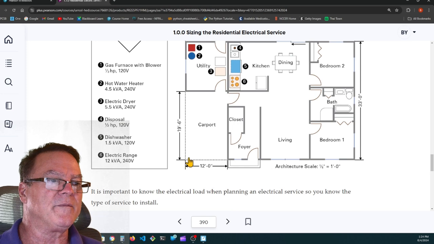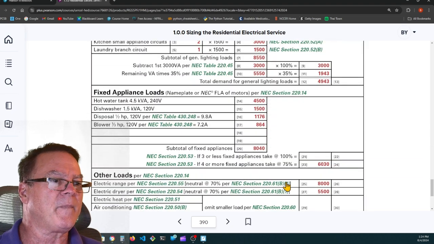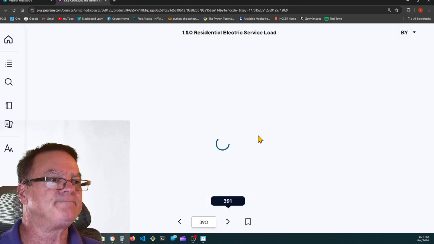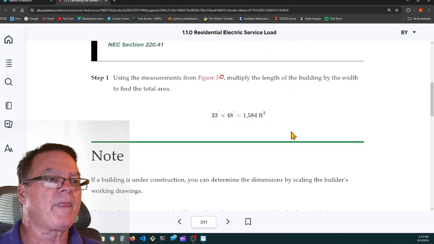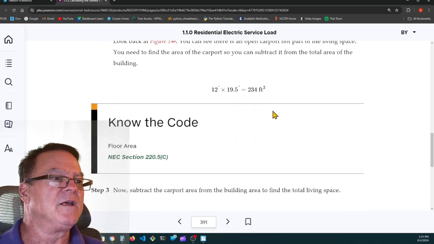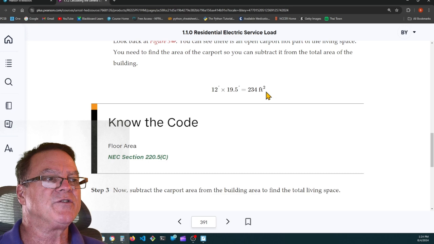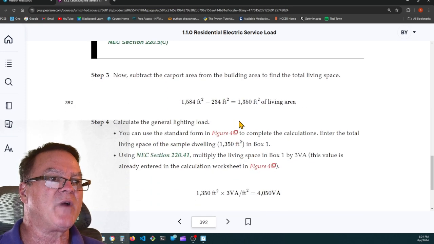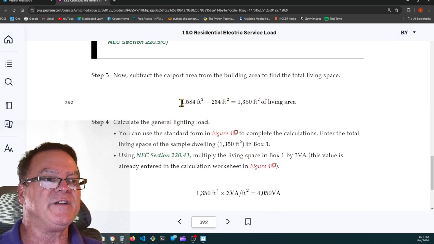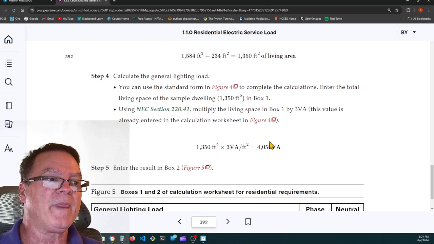Here's the carport, 19 foot 6 inches by 12 feet. There's your carport. So that ended up to be 234 square feet. When we subtract 234 square feet from 1,584 square feet, we end up with a net total of 1,350 square feet of living space.